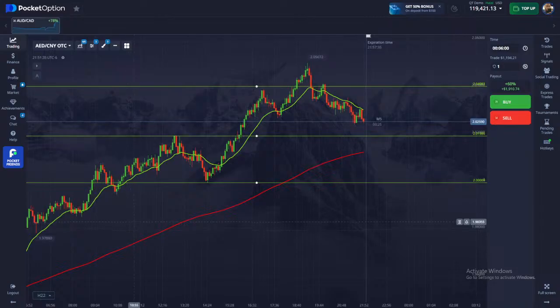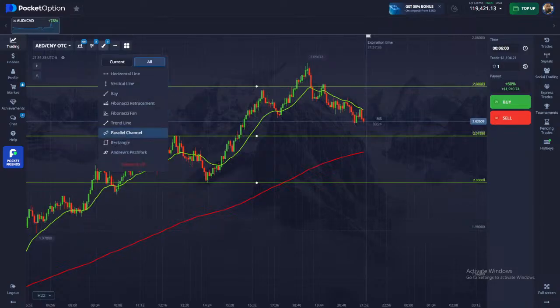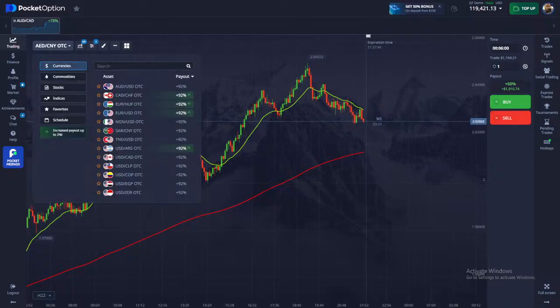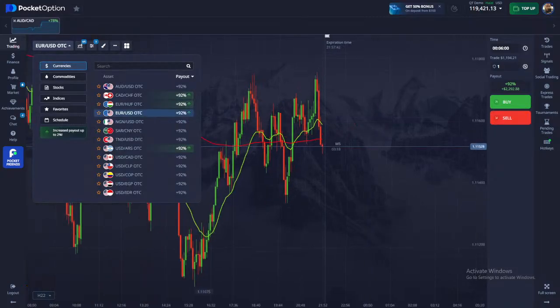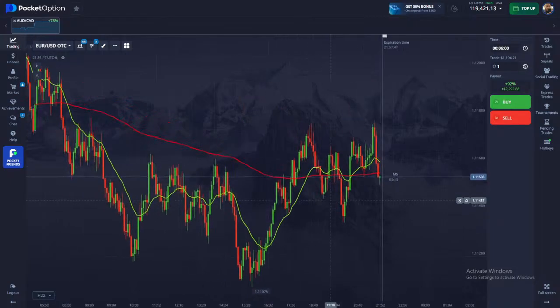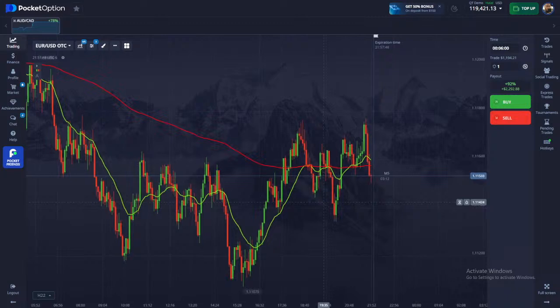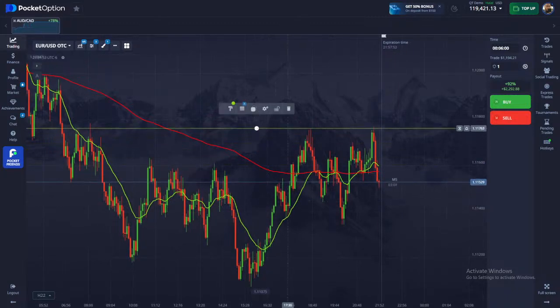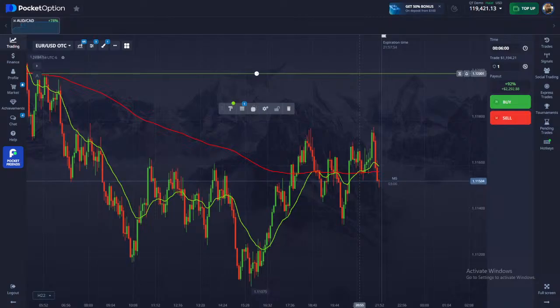Let's see another example. Let's go to Euro USD OTC. Let's look for round numbers. We got one here. This is a very powerful one because it has 3 zeros.